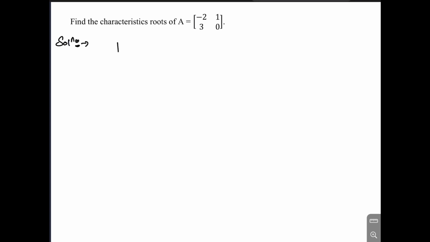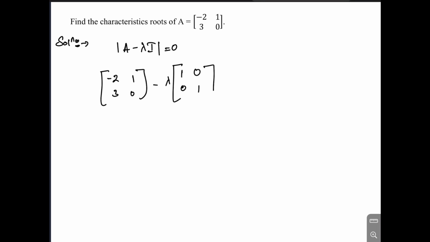We need to remember A minus lambda I, which gives the characteristic roots. Now let's try to find out where A is nothing but [-2, 3; 1, 0] minus lambda [1, 0; 0, 1], where I equals [1, 0; 0, 1].